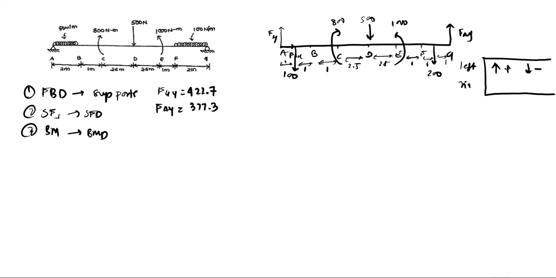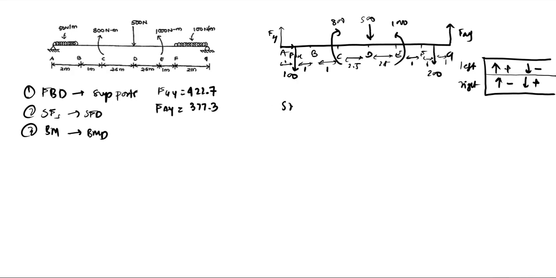And if you are considering forces on the right, then you need to consider upward forces as negative and downward forces as positive. So what I mean is, let us say you have A, B, C, and you are calculating the shear force at B. Then you can either consider forces on the A side or on the C side. If you are considering the A side, it will be the left side, so for the left side we follow the upward-positive sign convention. That is what I mean by left side forces and right side forces.